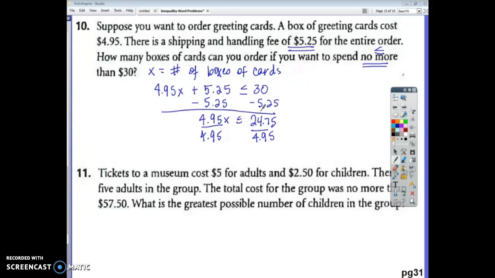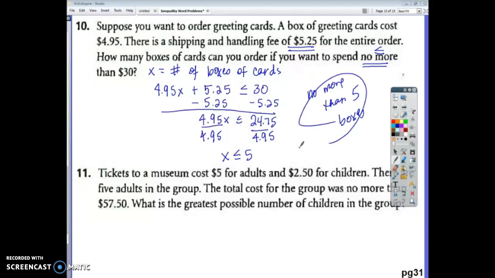We end up with X is less than or equal to 5. So I can buy no more than 5 boxes. Simple as that. That's the first answer.